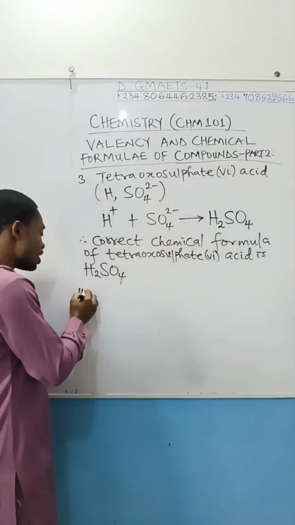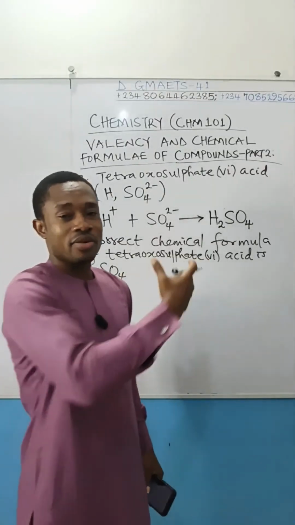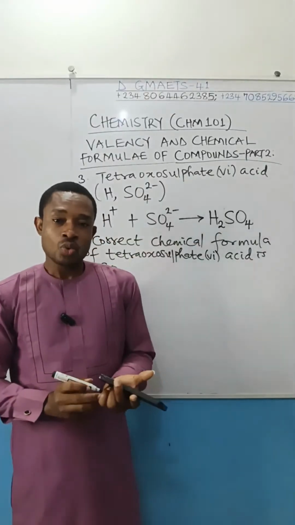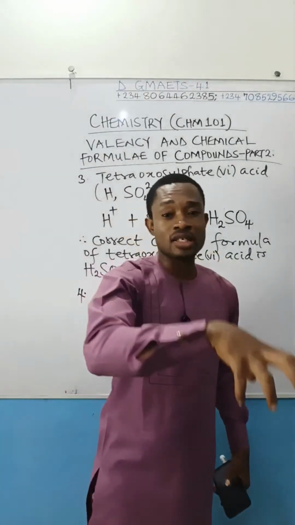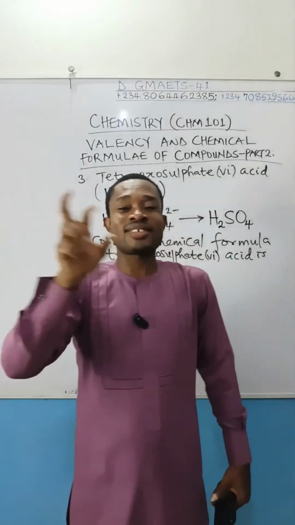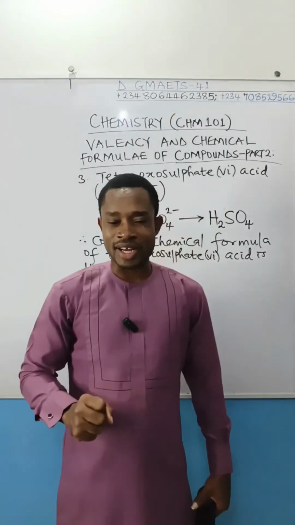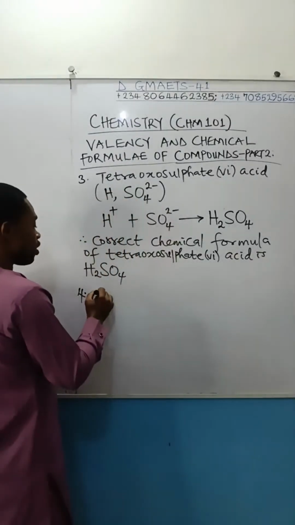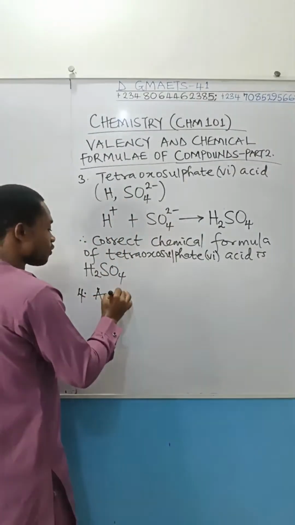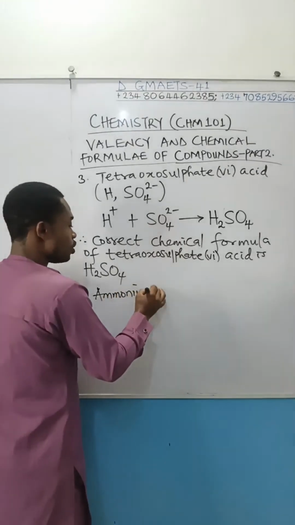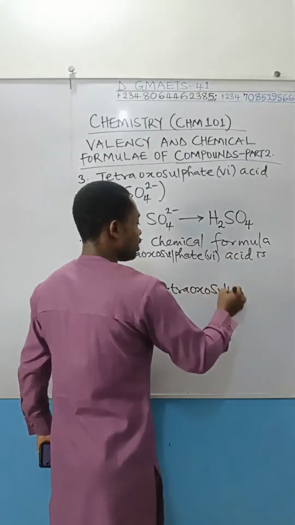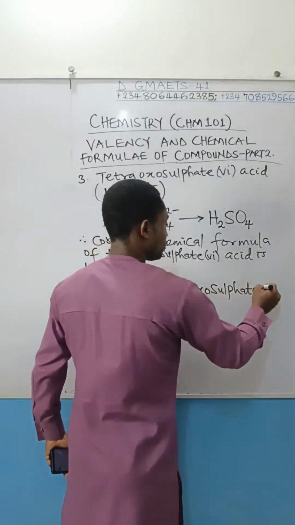Once you understand it and then know the secret, because the secret of all of these things came from valence electron, which introduced us to valency of elements and radicals. Are you following? And it is from there we are doing all of these. Correct chemical formula of ammonium tetraoxosulphate 6.